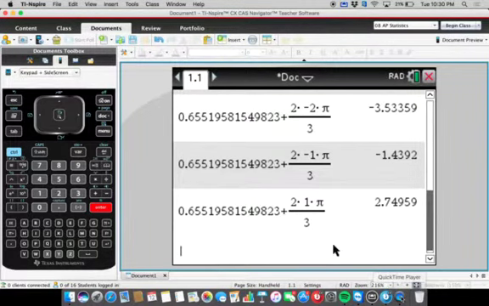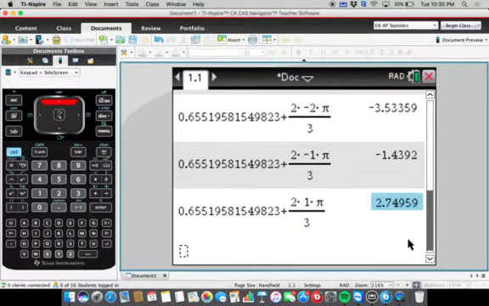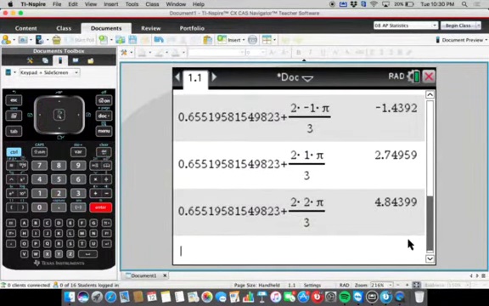Let me write that down, 2.74959. Then we keep checking until we run out of values within the specified domain. The next one, k equal to 2, gives us 4.84399.